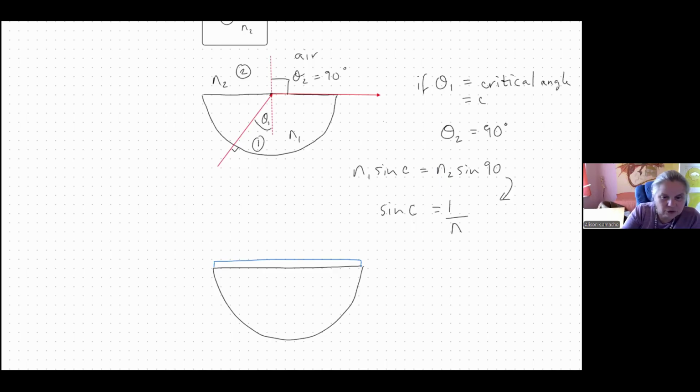So let me draw in my normal, dotted, and then solid.